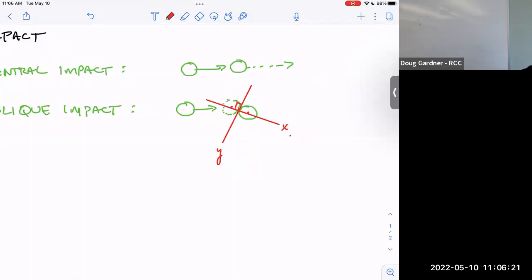But this one is called the line of impact. I might write LOI sometimes for line of impact. But stop and think about it, that makes sense. This is language you'll be stuck with a little bit to get these problems right.